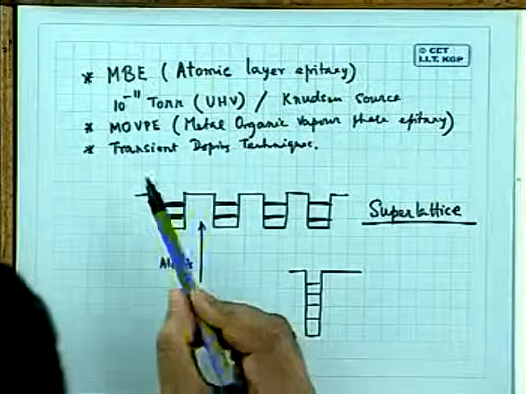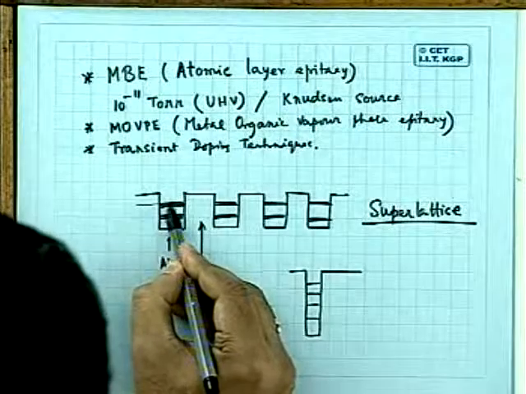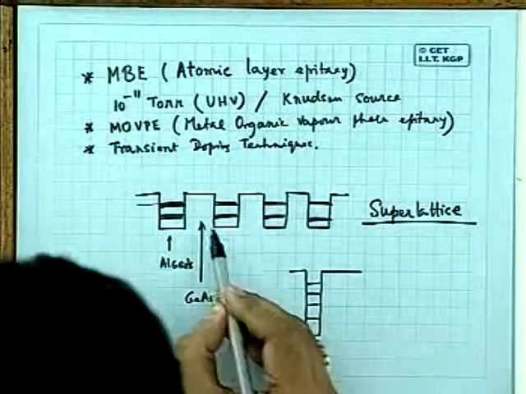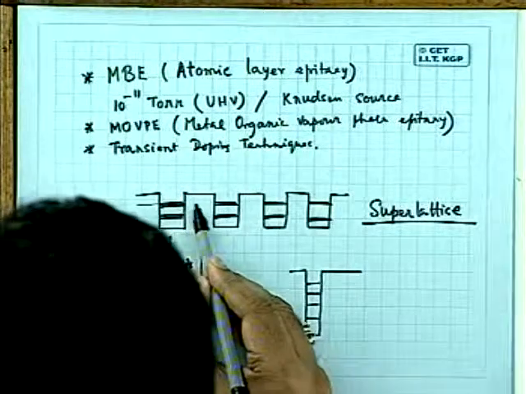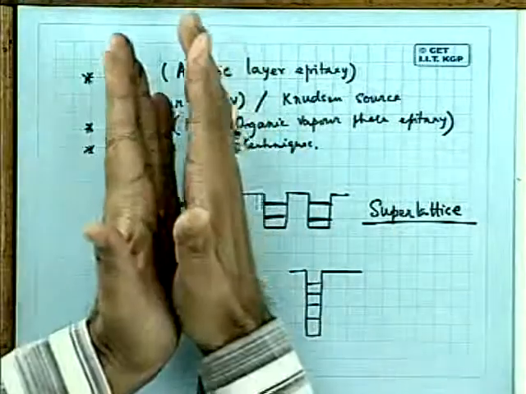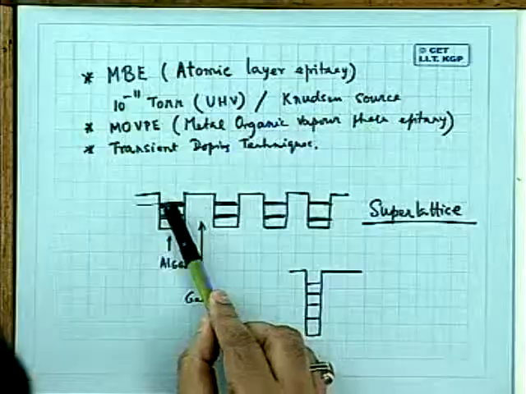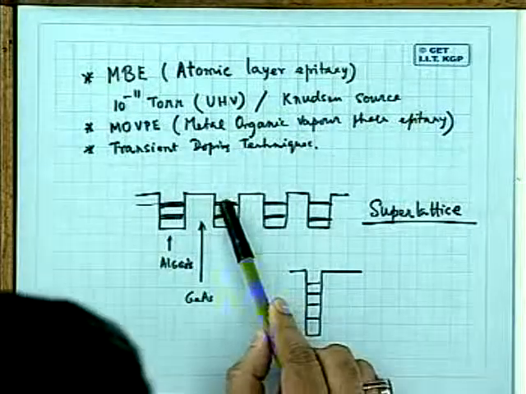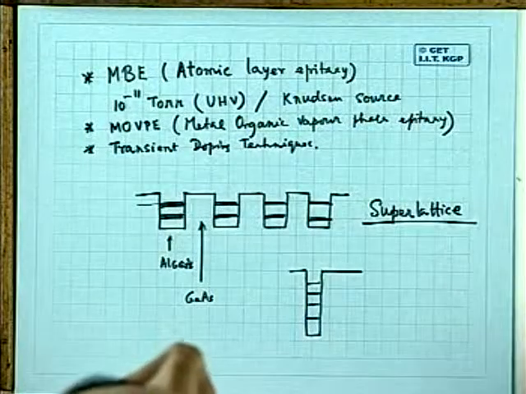Now in this case what will happen? Suppose I somehow send an electron here. For that electron to go to the other side, what is the necessity? The barrier must be thin, there will be a strong field in between, and secondly this side should be filled up and this side should be empty. So what is going to happen as a result?